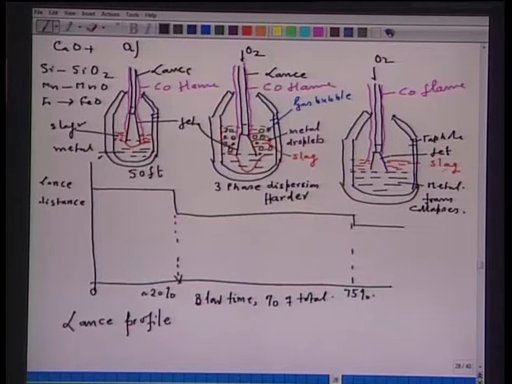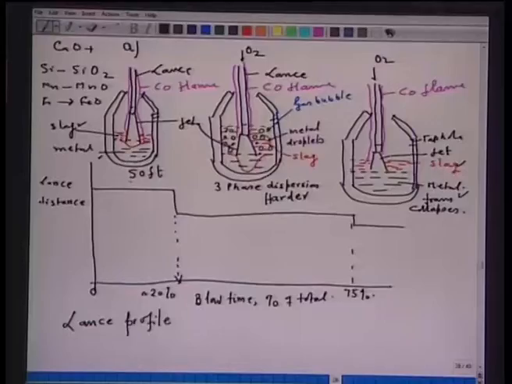Later we have slag and metal as it collapses, and now the metal is ready for tapping. So, in short, that is the lance profile and how the physico-chemical interaction between the jet and the molten bath proceeds as the blow proceeds.